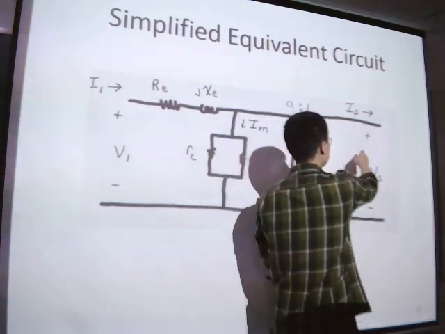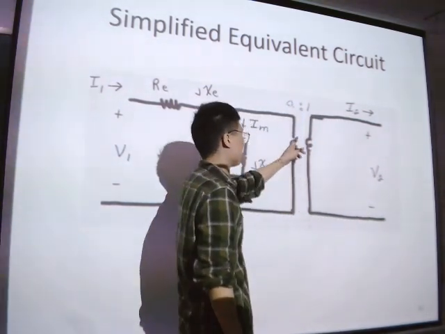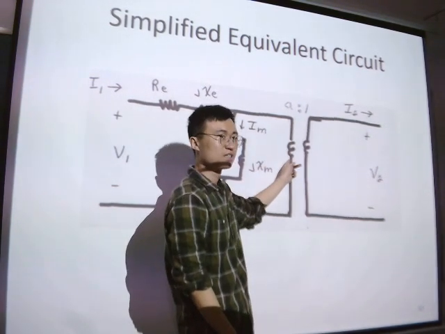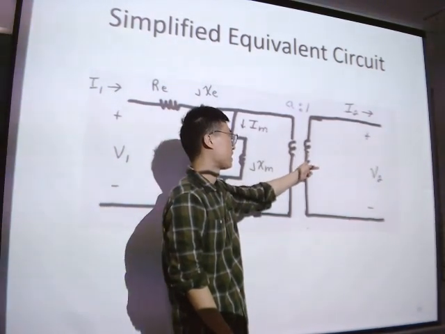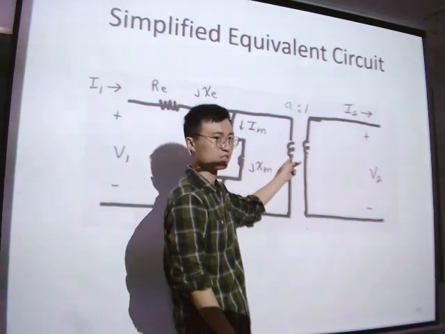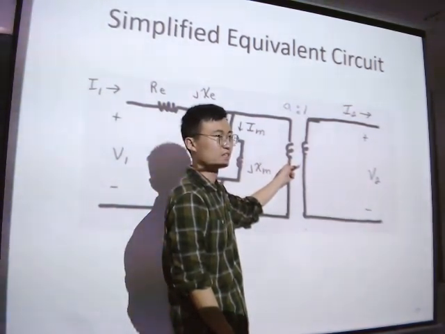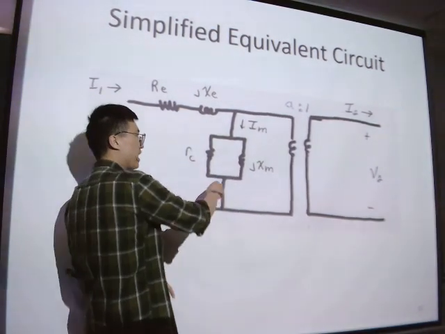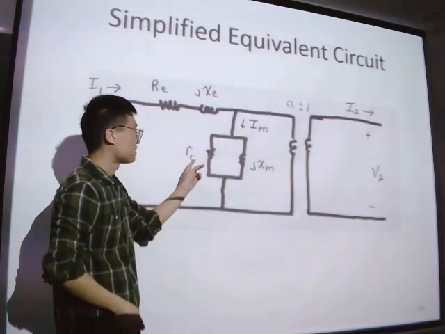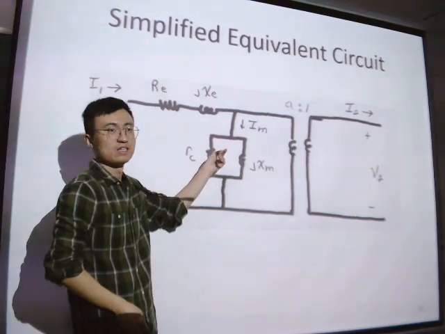Okay, so right. And for this part, when the I2 here is 0, the current here should be 0 too, because we have assumed the ideal situation.